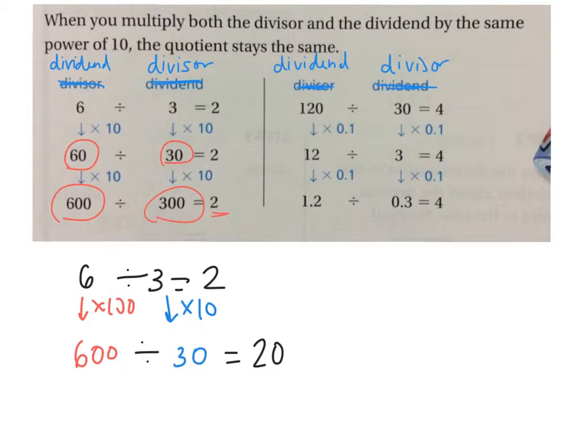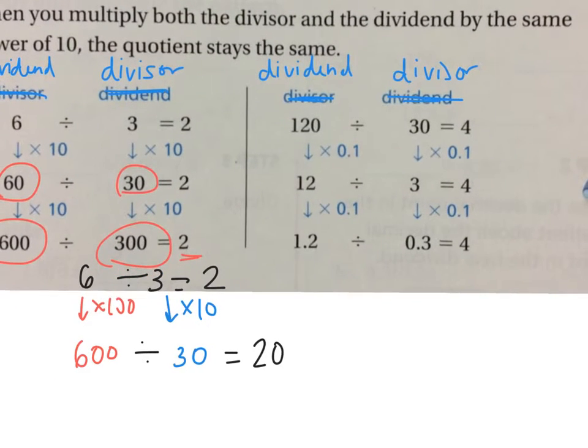It works with division as well, because let's take a look. If my dividend is 120, and I want to divide it by 30, what's 120 divided by 30? 4. If I multiply both my divisor and my dividend by the same multiple of 10, is 1/10 a power of 10? No. Well, it's the same as dividing by 10, right?